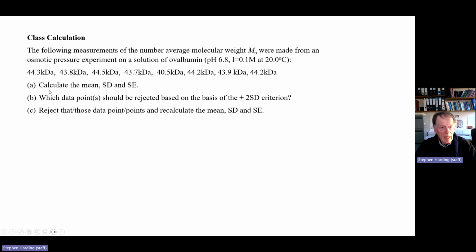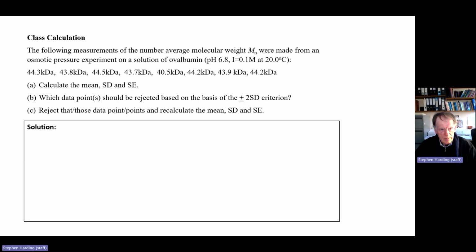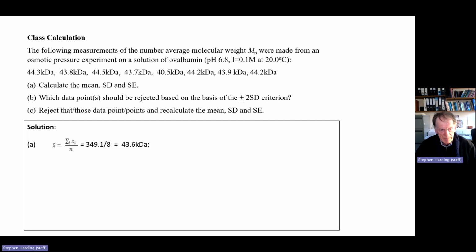Okay, so we now calculate the mean, standard deviation, and standard error. And then from that, we're going to decide whether any points should be rejected based on this 2 standard deviation criteria. Right, so first of all, you have to work out the mean.